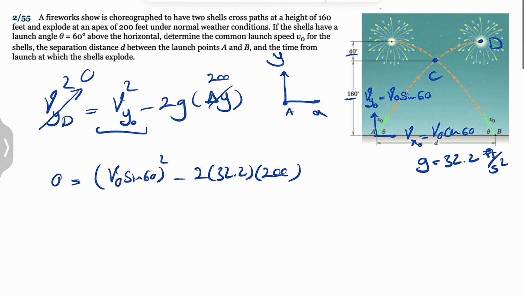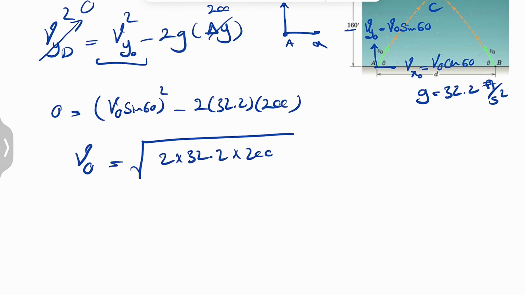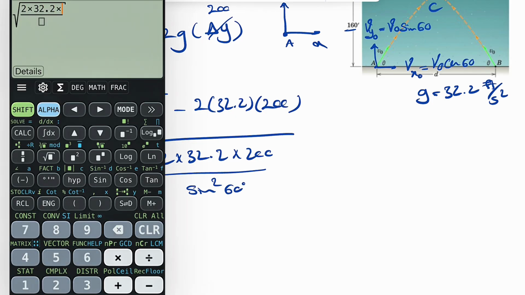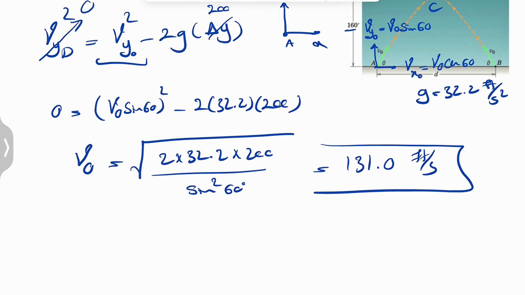From here we can find the initial velocity v0. It would be the square root of 2 times 32.2 times 200 over sine squared of 60 degrees. Let's see what we get. That's going to give us 131.0 feet per second. So we figured out the initial velocity.